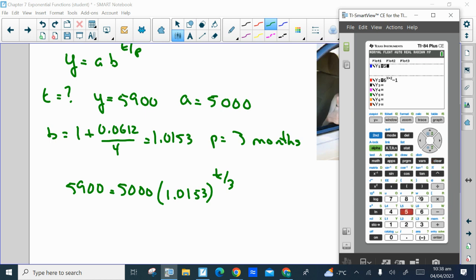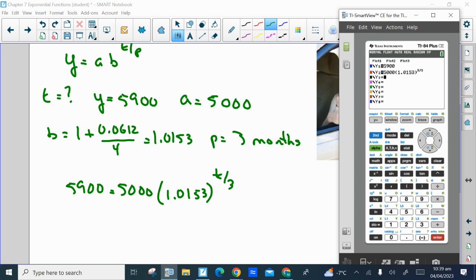Equation 1 will be the left side, which will be y equals 5,900. Equation 2 will be the right side, which is our 5,000, bracket, 1.0153 to the power x over 3. Now we are going to have to change our windows because that first equation is y equals 5,900.